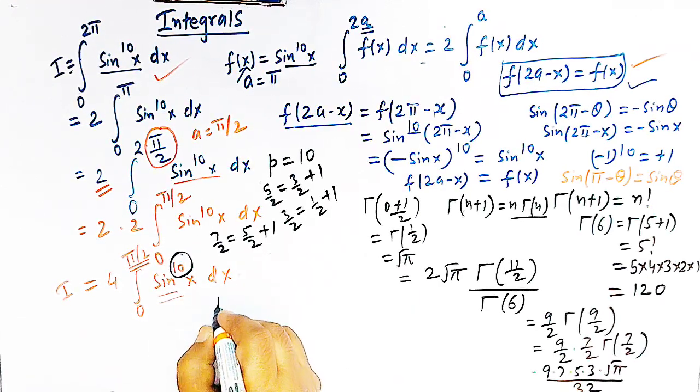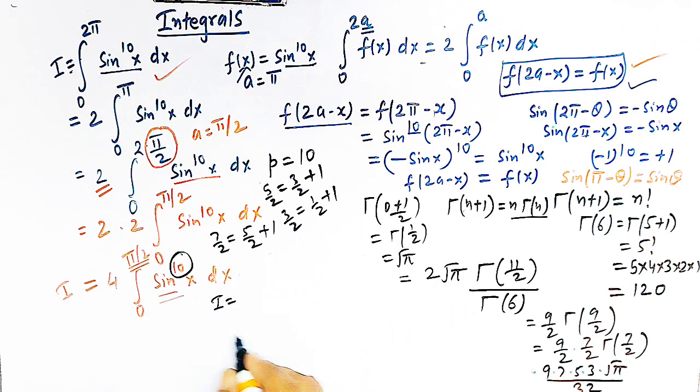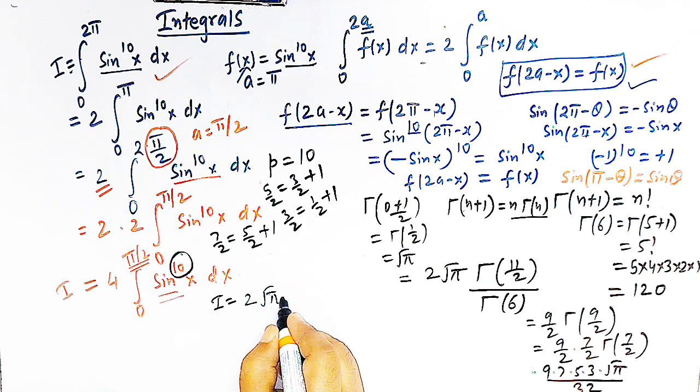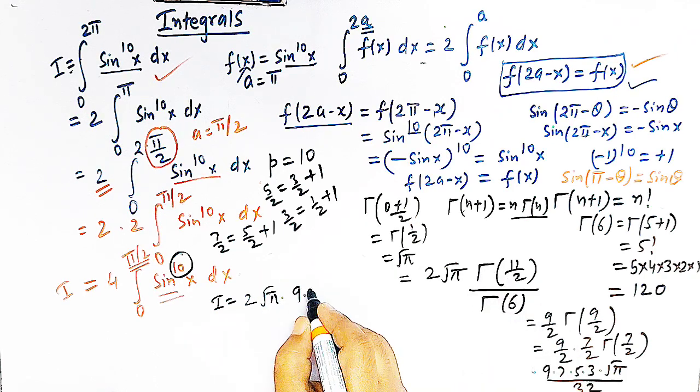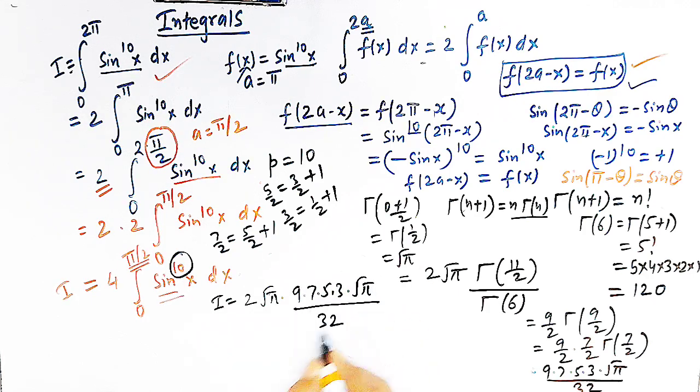So the value of the integral I can be written as 2 root pi times gamma 11 over 2, which is 9 times 7 times 5 times 3 times square root of pi over 32, times 1 over gamma 6, that is 1 over 120.